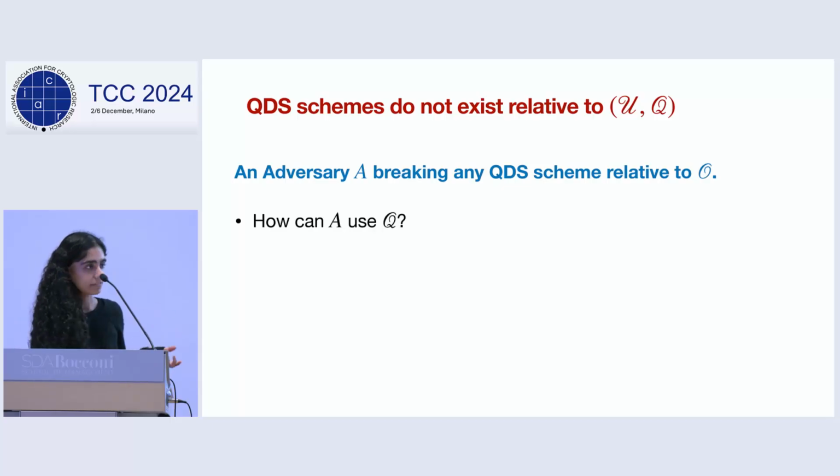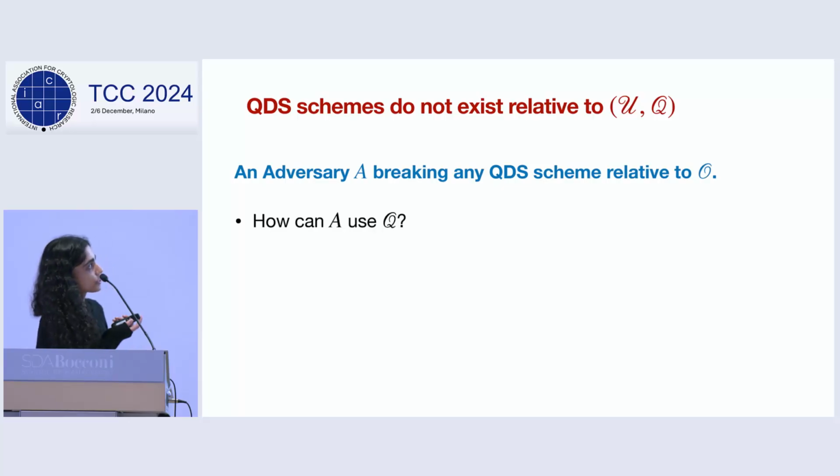constructing an adversary for any multi-time secure QDS scheme relative to this oracle. So when we first look at this oracle, we have a classical oracle for an X complete problem, and to win the security game of a multi-time secure QDS scheme, we have to come up with a valid signature on a message of our own choice, freshly sampled.